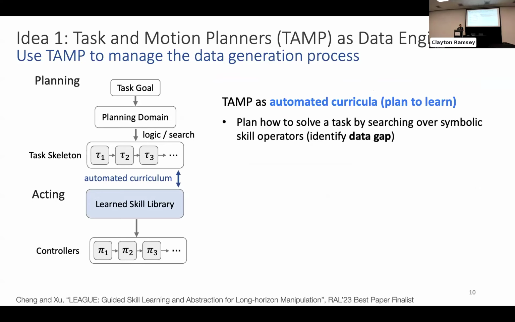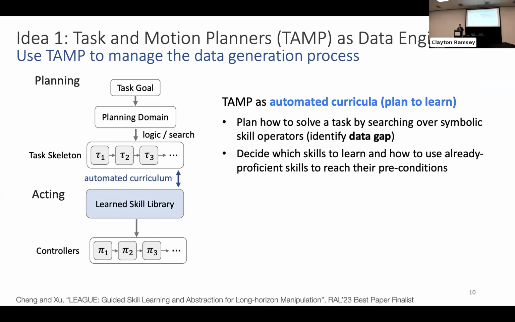Basically, in our work, we first plan the necessary skills to solve a task. If a skill is missing or weak, if this is a data gap, then it decides which skills need new data. The key idea here really is to use the combinations of already competent skills to reach the initial condition for the skills we want to learn, or what we call plan to learn.